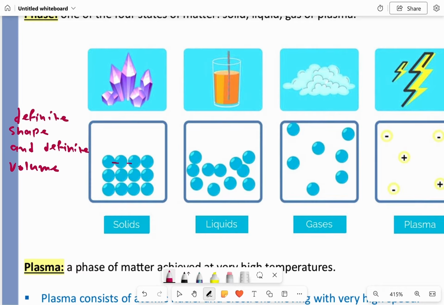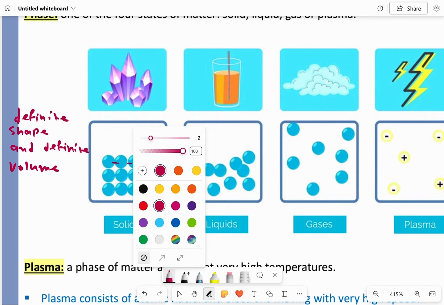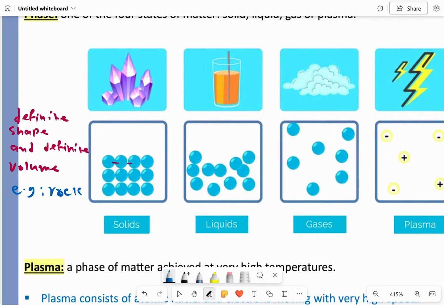So an example of it can be what? A rock. A rock is an example of a solid, okay? Rock is a solid object. Its shape does not change if you throw it, if you give it to someone else. Its volume also does not change.